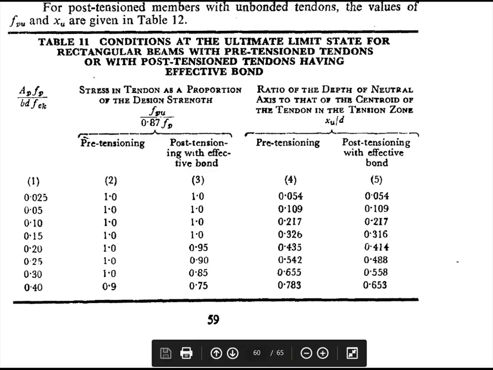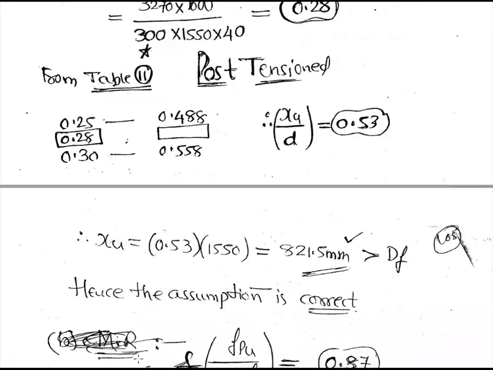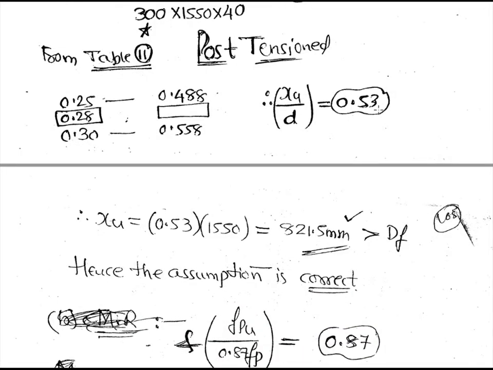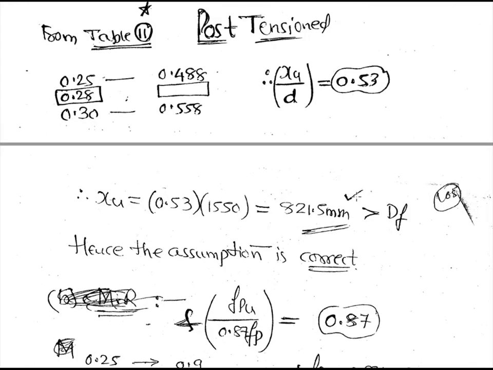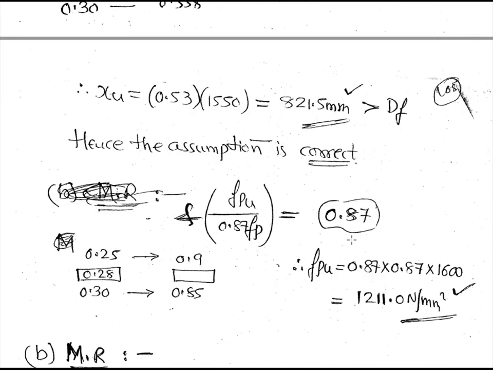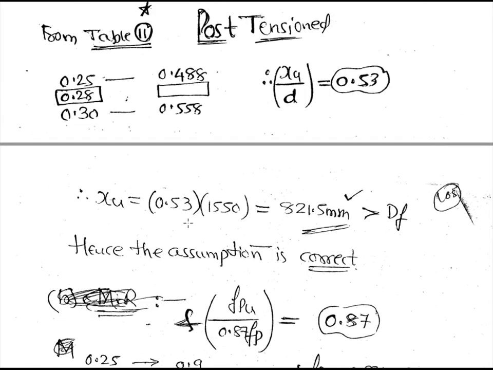In between these two values we have to get the interpolation value. So after interpolation we got 0.53. ಇಲ್ಲಿ 0.87 ಸಿಕ್ತು, FPU by 0.87 FPE ಗೆ 0.87 ಸಿಕ್ತು, XU by D ಗೆ 0.53 ಸಿಕ್ತು. So XU value 821.5, which is greater than depth of flange.